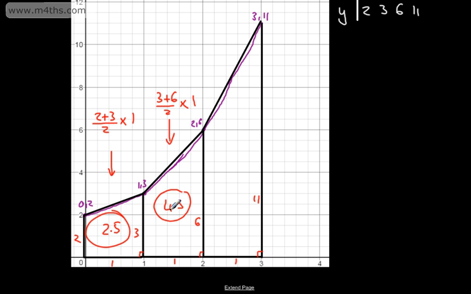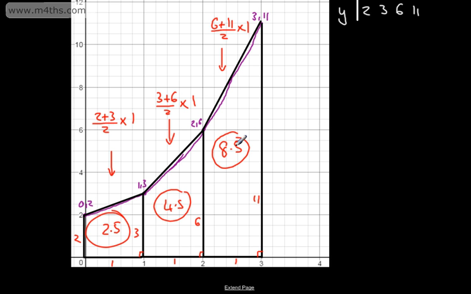So the exact area of this trapezium, which is going to contribute to the estimate for the area under the curve, is 4.5. If we look at the third trapezium, it's 6 plus 11, and then we divide by 2 and multiply by the perpendicular height, which is 1. 17 divided by 2 is going to be 8.5.